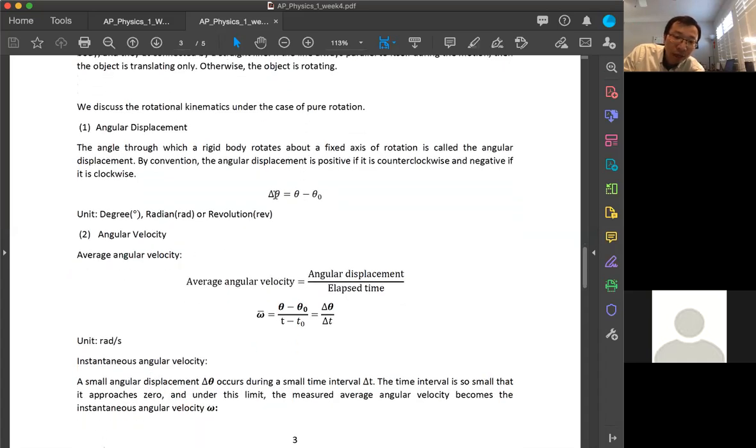Here, delta theta is equal to theta minus theta naught. You can picture that we still have a reference point.